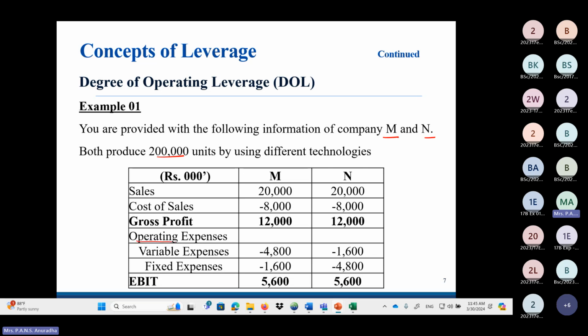This is their operating expenses structure. Variable expenses: company M 4,800, company N 1,600. Fixed expenses: company M 1,600, company N 4,800. Just looking at this income statement, tell me which company has high operating leverage?